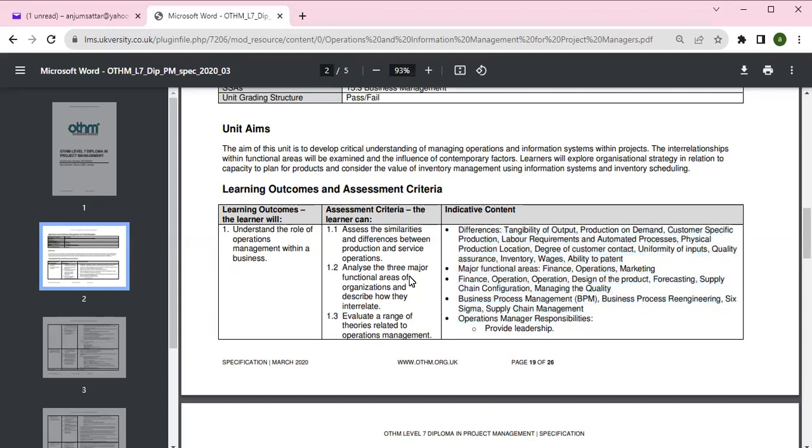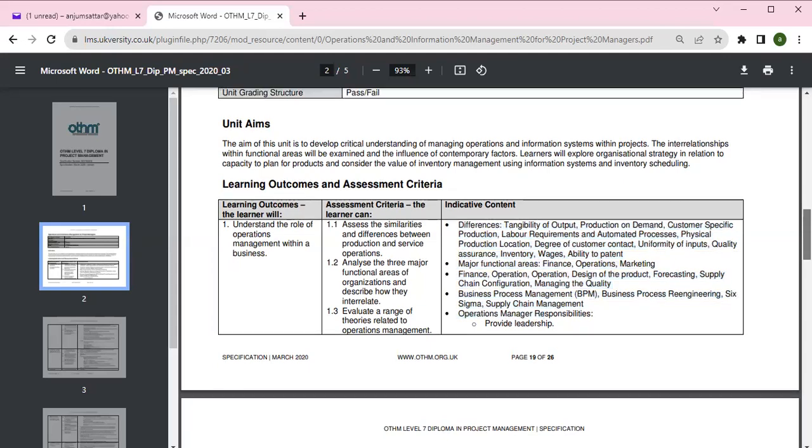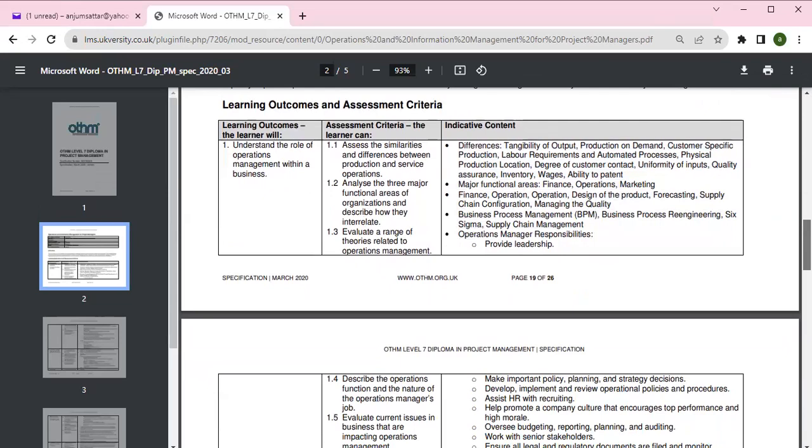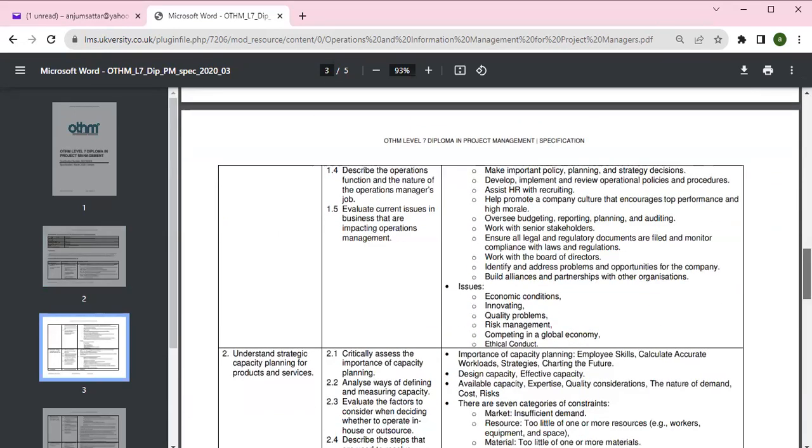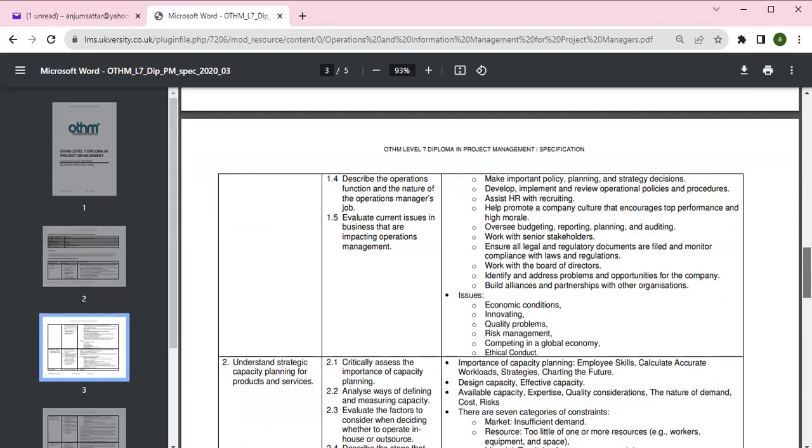Finance is required, the money is a cost to you. So these 3 are interrelated as well. We can look around and evaluate the range of theories in operational management. Then 1.4, we describe the operation, the function and the natures, and all the keywords, and evaluate the current issues in the business.